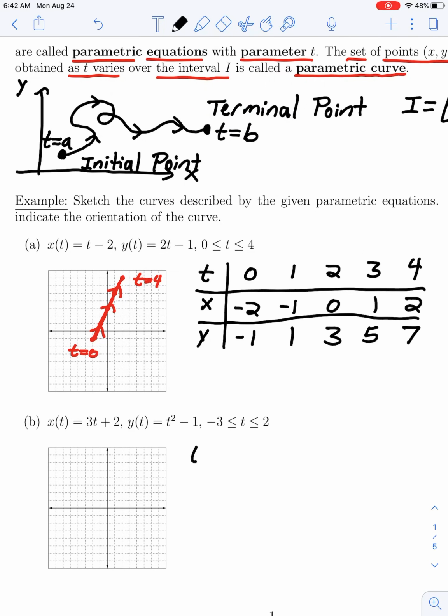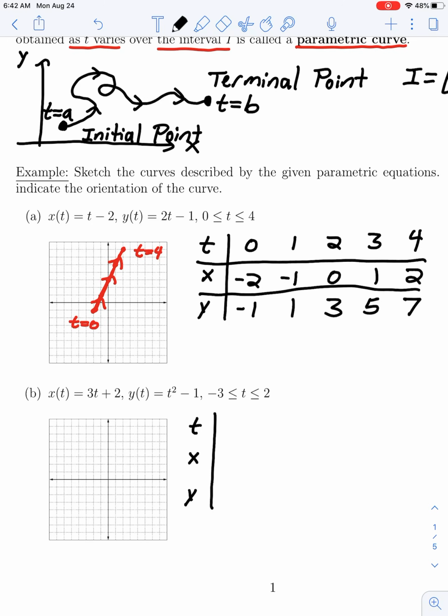So here we could start with a table of values for t, x, and y. Now t ranges from -3 to positive 2. That's our interval here. So let's choose integer values for t within that interval, starting with -3, -2, -1, 0, 1, and 2.